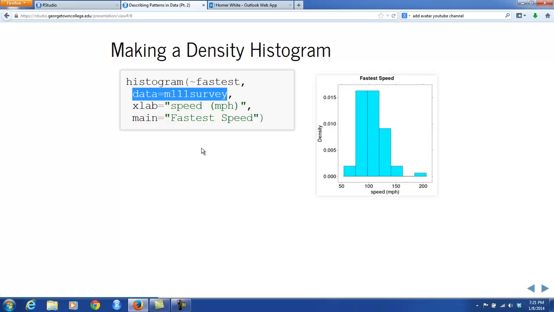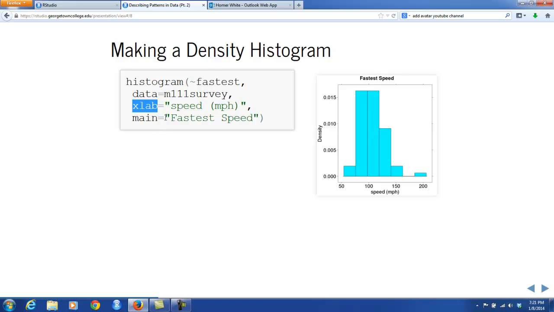And when you make a histogram, you need to make the x-axis very descriptive. You need to provide a good name for the variable, and you need to provide the units if at all possible. So those are miles per hour. So what you do is you put the title of the x-axis in quotes, and you feed it to this argument called xlab, or xlabel.